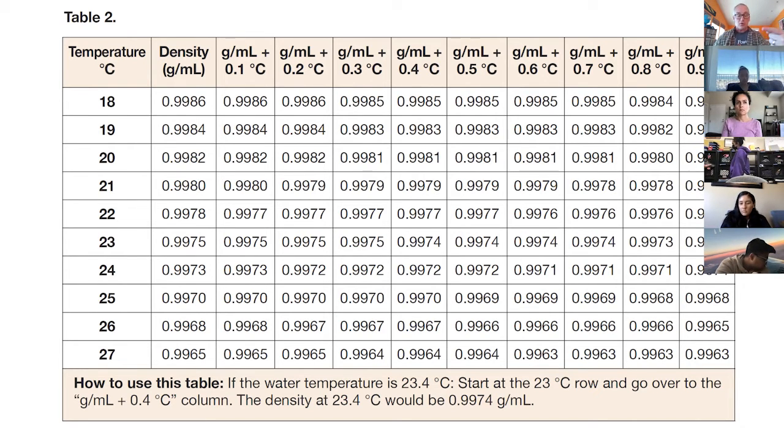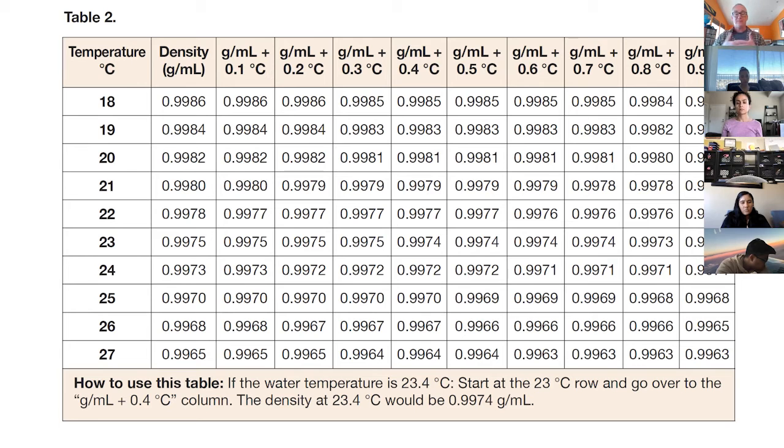And as we go across, it says 0.1, 0.2, 0.3, 0.4. That means at 18.0, the density is 0.99986 grams per mil. At 18.1, it's also 0.9986. But as we go across to like 18.8, it's 0.9984. So it slightly changes.